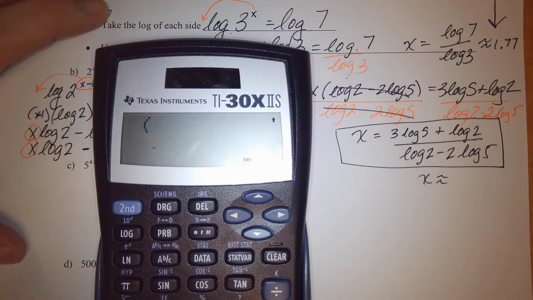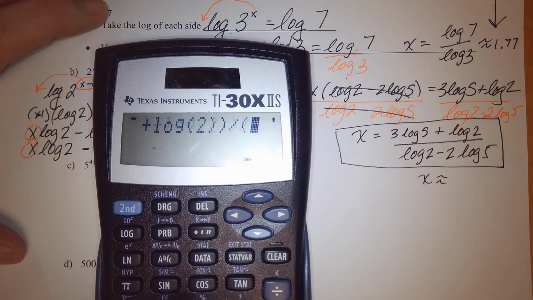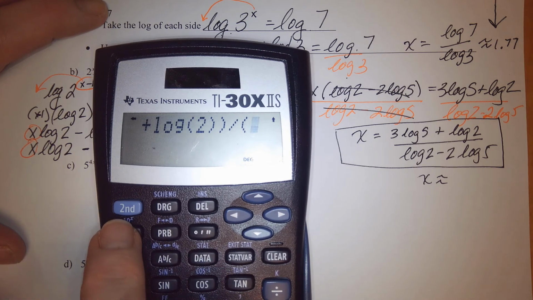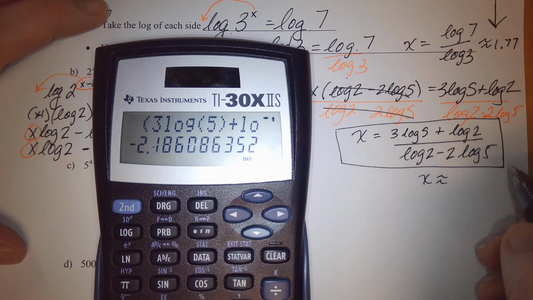In the numerator, we have 3 log 5 plus log 2. In the denominator, we have log 2 minus 2 log 5. And our approximation is negative 2.186.